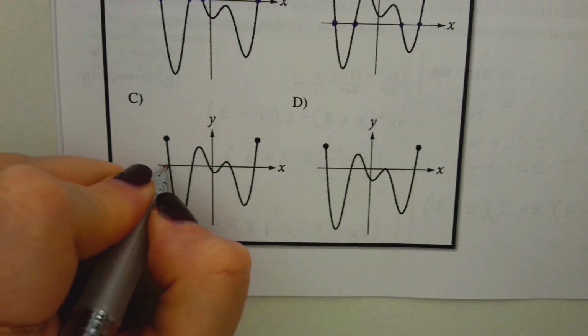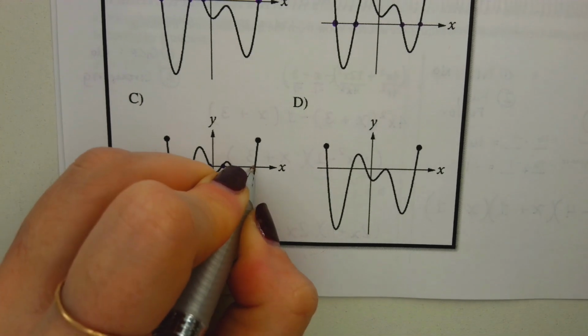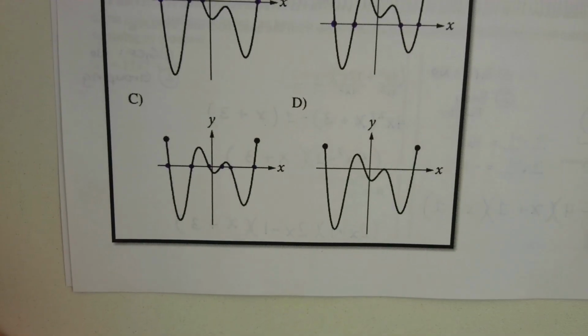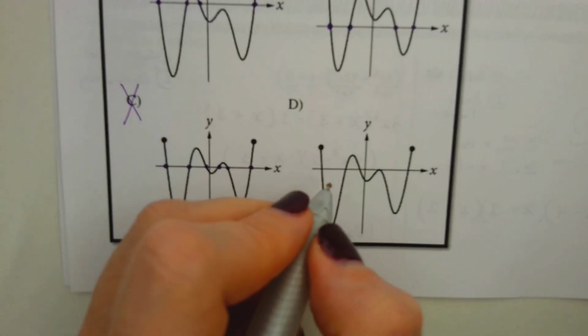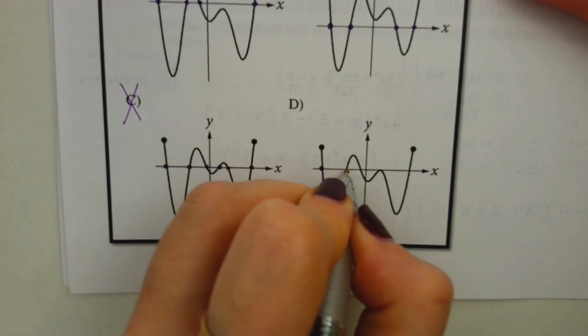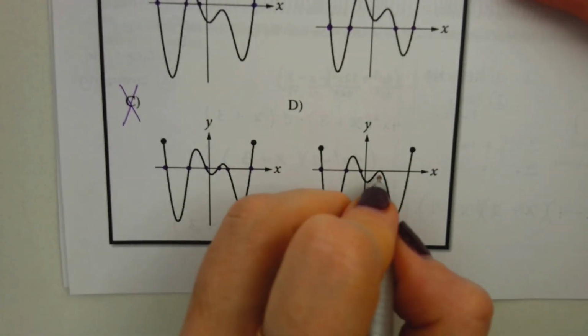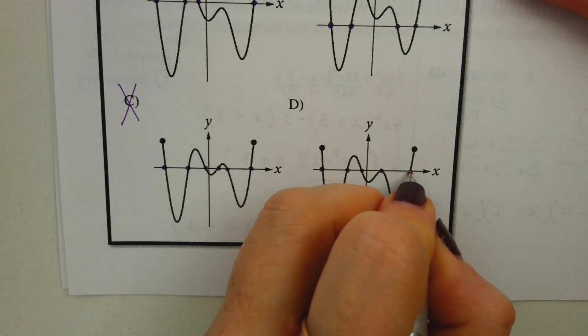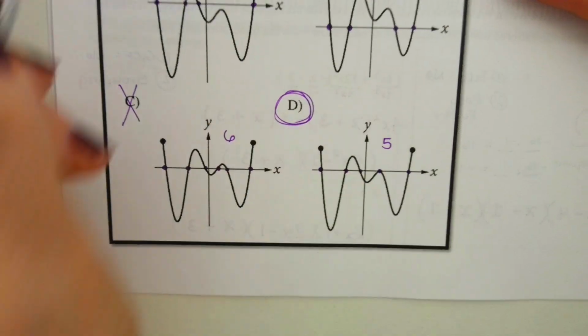Okay. 1, 2, 3, 4, 5, 6 x-intercepts. Dang, that would be to the 6th power. So not that one. It's got to be D. Let's count just to make sure. 1, 2, 3. This is actually 1. It does touch it. So that's 4 and 5. Making it have to be answer D.